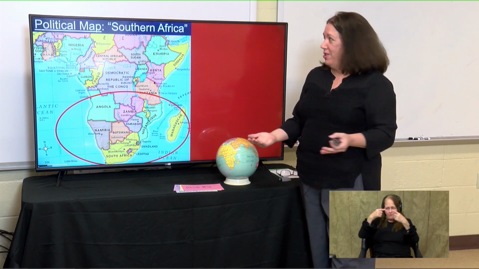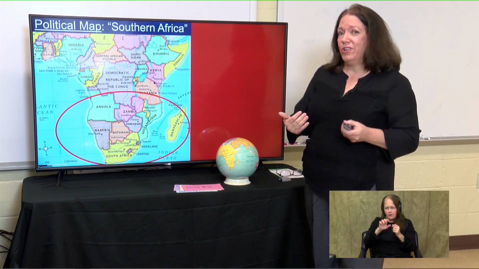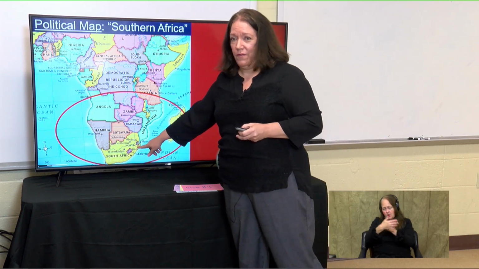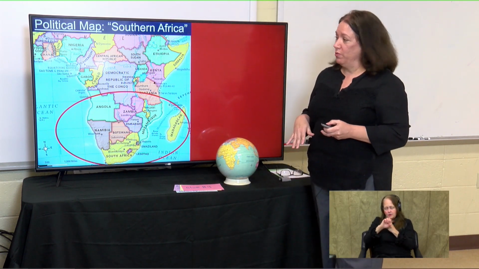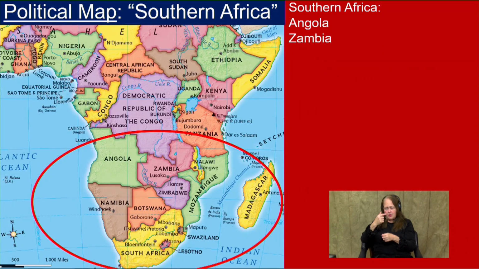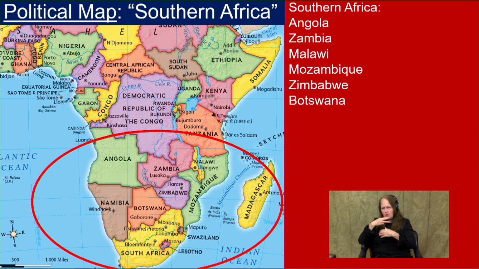And then finally, Southern Africa. And I say Southern and not South Africa because we know that there is a country named South Africa. So Southern is more reflective of the region. So in Southern Africa, we have Angola, which is the largest country in Southern Africa, Zambia next to it, Malawi, Mozambique on the coast, Zimbabwe, Botswana, Namibia, and then finally South Africa.